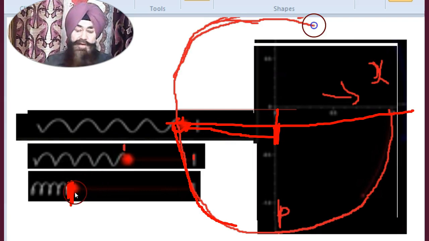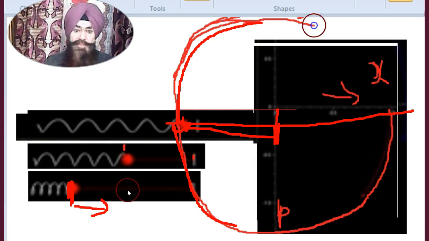Okay, and again, due to inertia and elasticity, the ball moves this side. When it moves this side, it approaches the mean position. When it approaches the mean position, this x again goes on decreasing and velocity goes on increasing.